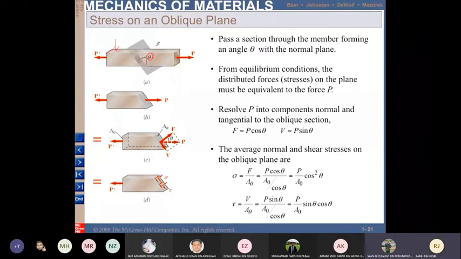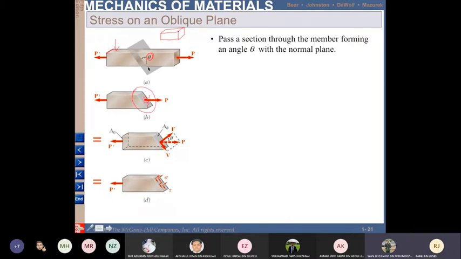You know what I mean? When your object fails making an angle like this, this is theta.